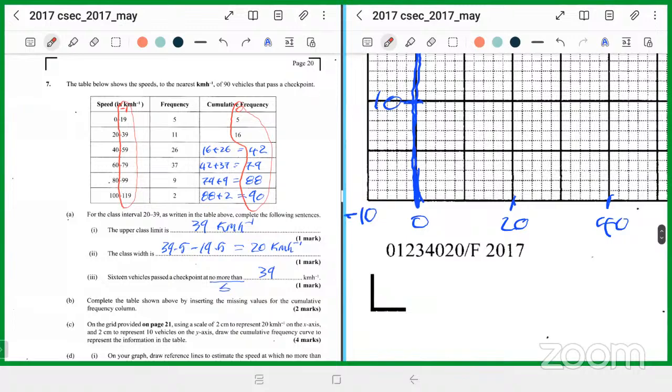Here will be 10, so each of these small lines is 2. So that will be 12, 14, 16, 18. So 19 will be right on this line right here. That will be 19.